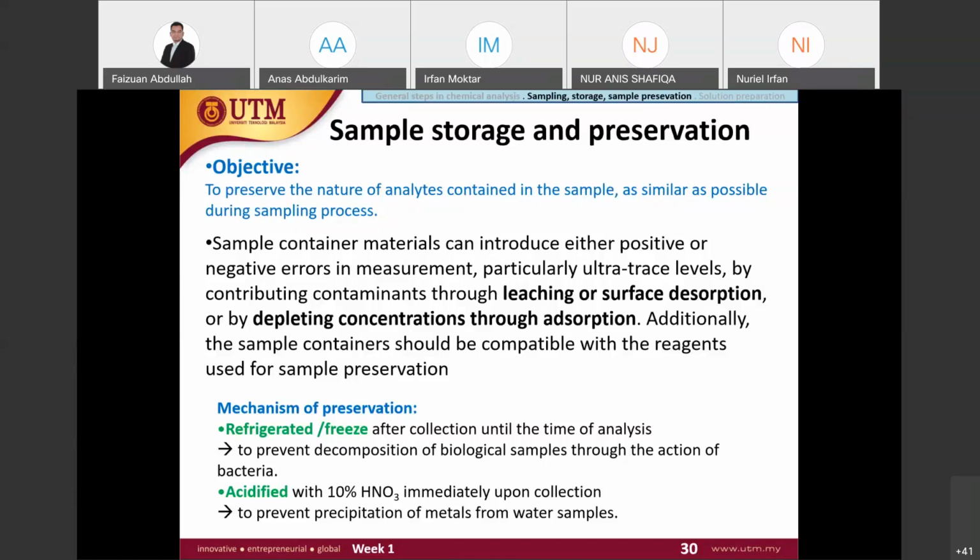Some of the sample storage, sample bottles, sample vials, and so on: if we do not use the right material for the right sample and the right analyte, then depleting concentration happens through adsorption onto the container phase itself.